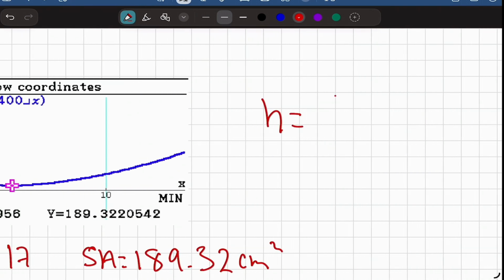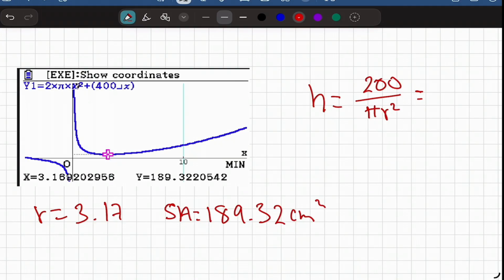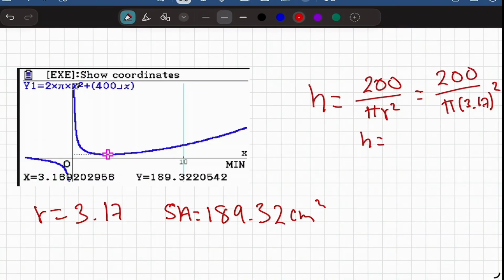So we have 200 divided by pi radius squared. So we already have the radius, so we can find the height. So we have 200 divided by pi times 3.17 squared. Using my calculator, this is 6.36 centimeters. So pay attention to this.